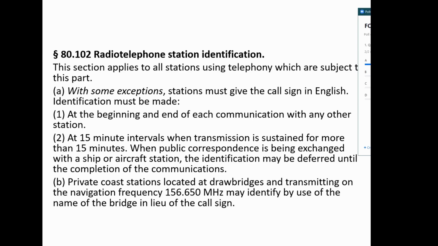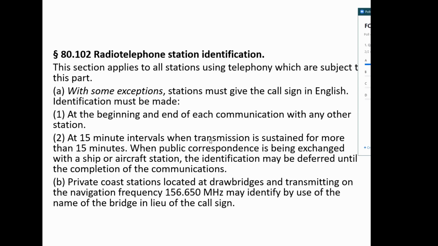When public correspondence is being exchanged with the ship or aircraft station, the identification may be deferred until the completion of the communications. So if you're already talking to an aircraft or a ship, you don't have to stop every 15 minutes to say, this is WKAR on your FM radio dial.